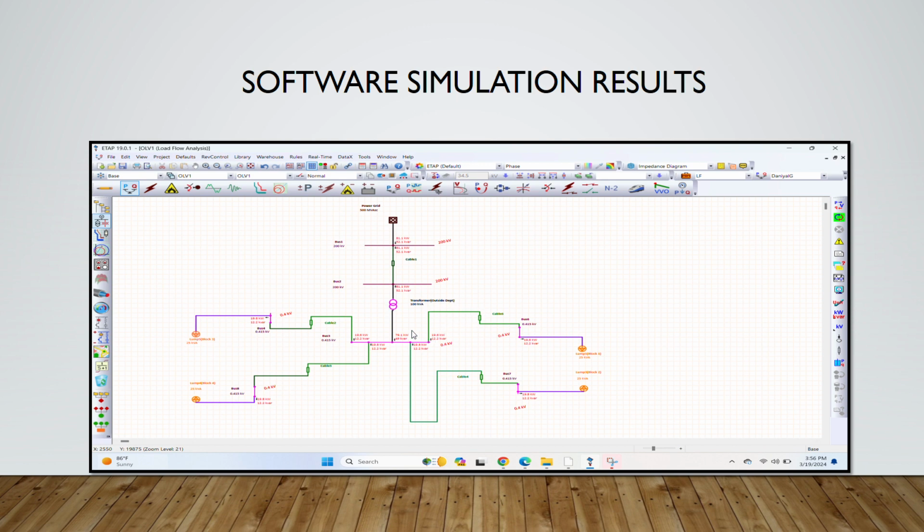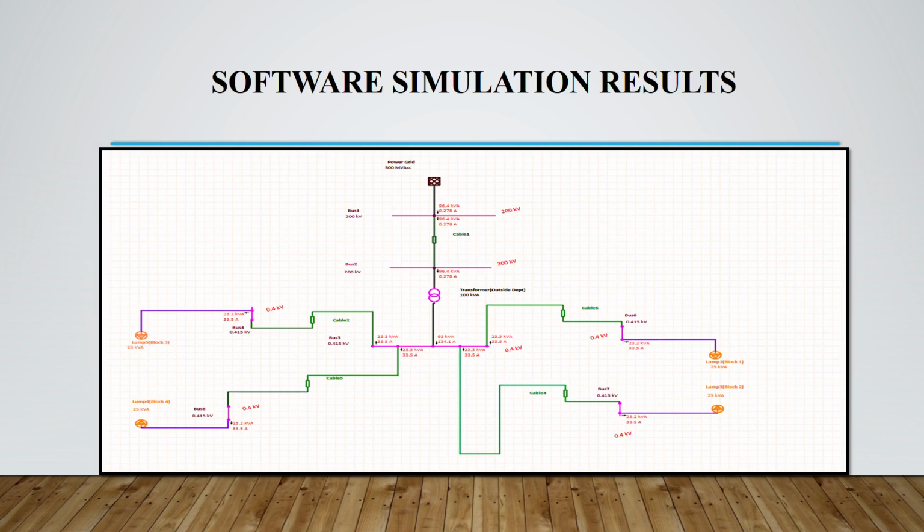And then this shows the active power and reactive power, in kW and kvar. Then the same screenshot, but the units are changed, showing kVA and amperes: the apparent power and amperes.